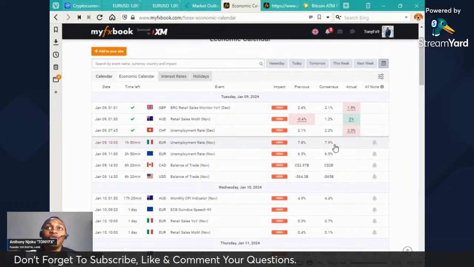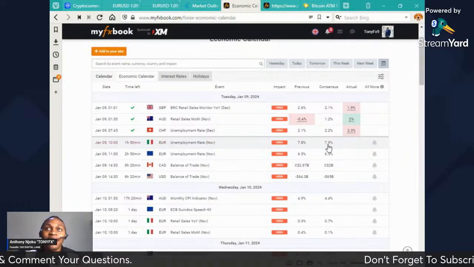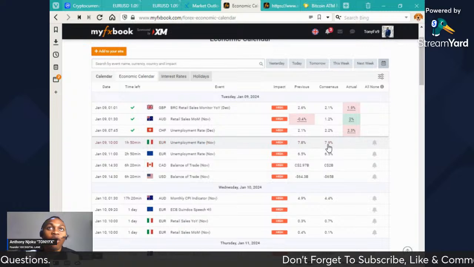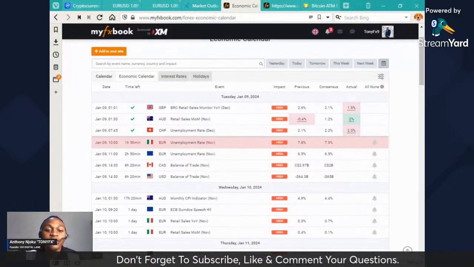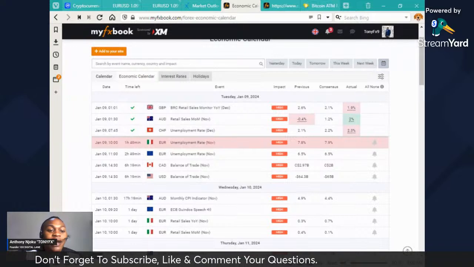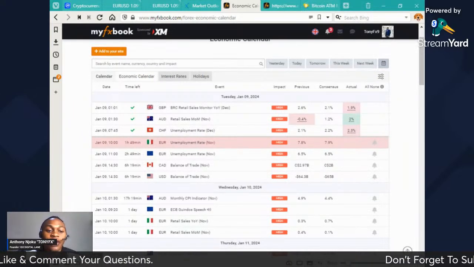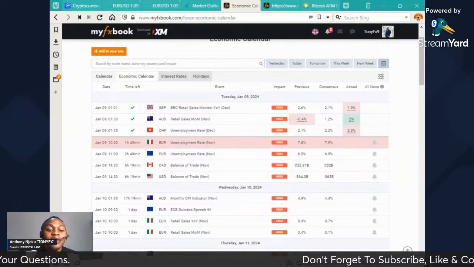before this news came out, the market is already strong and trading to the upside. Although we already received news by 8 o'clock, Germany industrial production year over year, and it was lower than forecast.